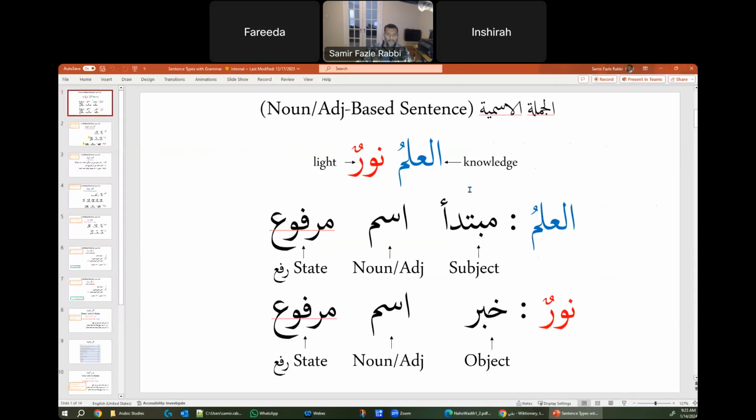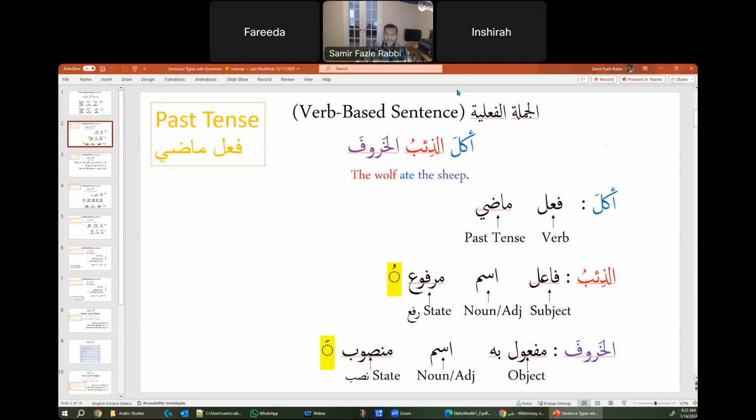But either you're going to do a jumla ismiya, which would be like this, and that's not going to be part of this. But if it's the subject, it's going to be marfu with this dhamma. If it's the maf'ul bihi, it's going to have a fatha on the end, in the examples of the words that we use.